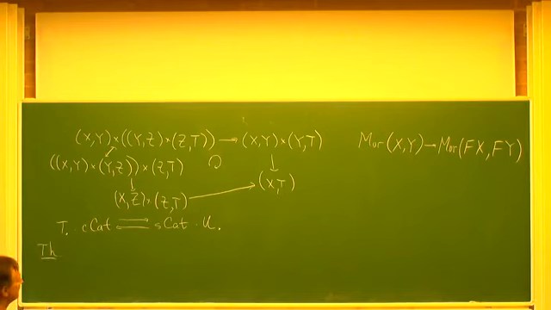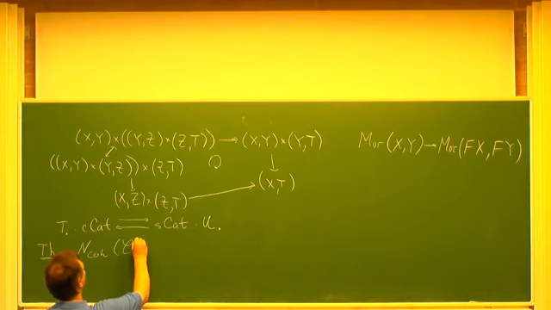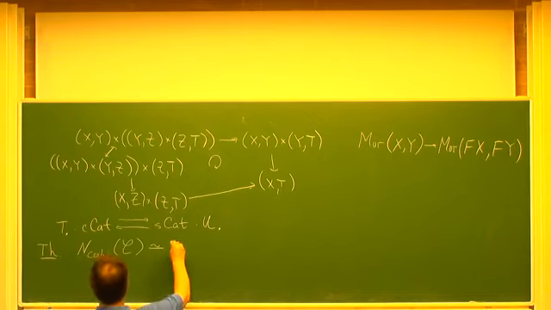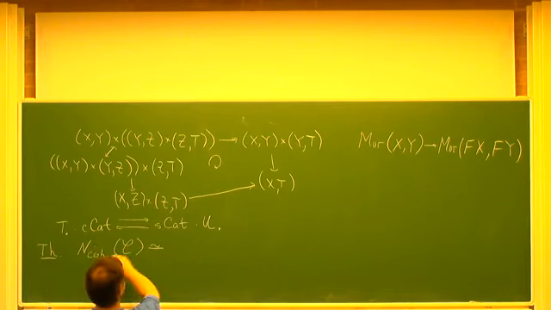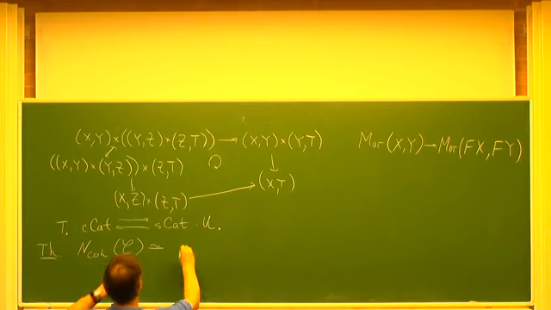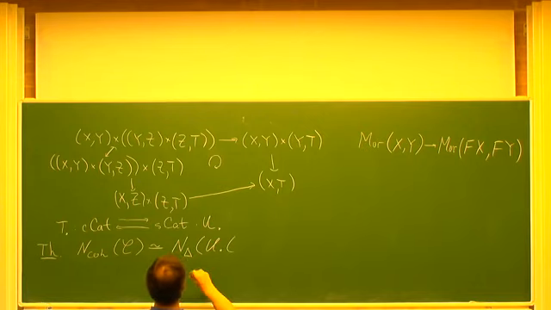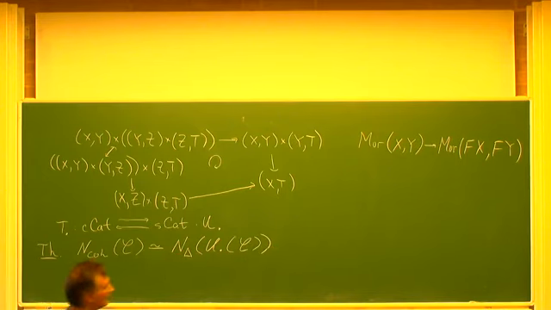So now I can formulate the theorem, which says that N COH of C, where C here is a simplicial category, is constructively isomorphic to N delta of U of C. So the cool thing here is that we decompose the coherent nerve into two functors, each of them being more simple than their composition.